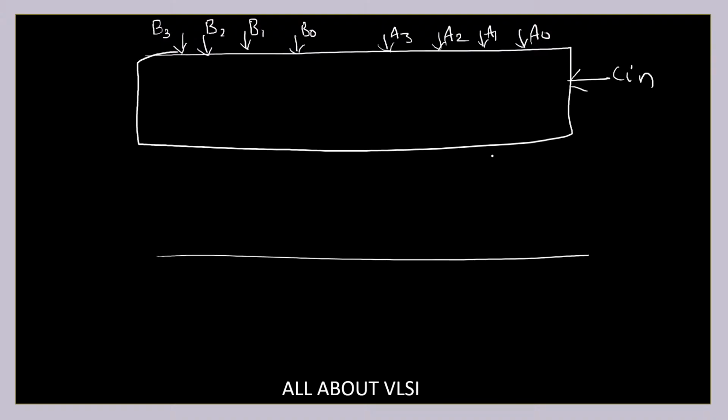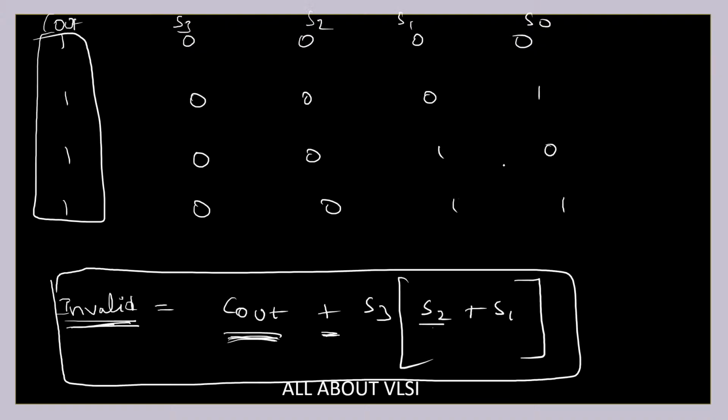From here, I'm going to get S0', S1', S2' and S3'. These are the intermediate sums I'm going to get.